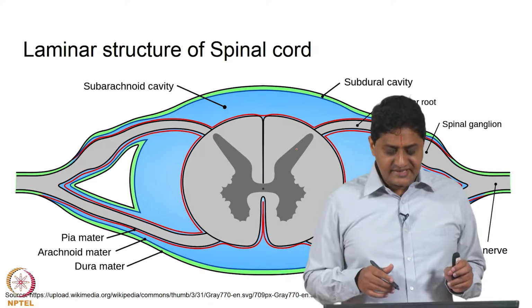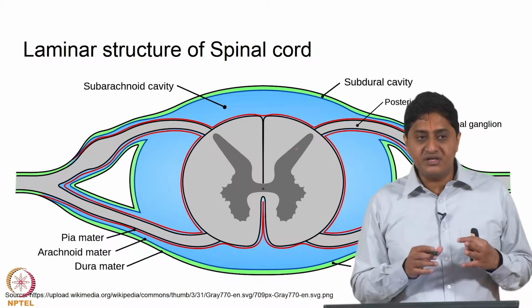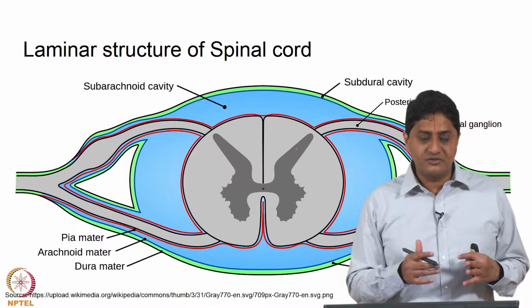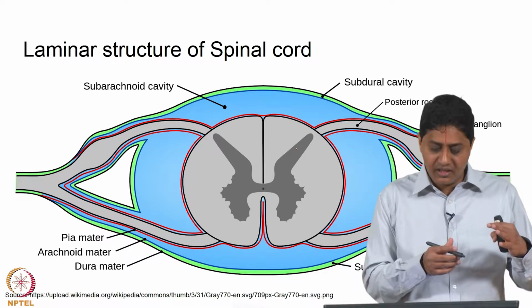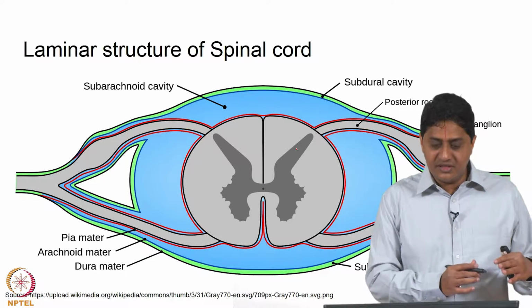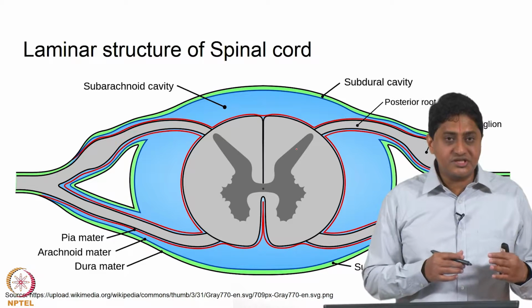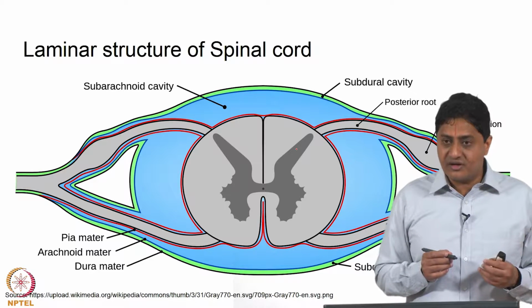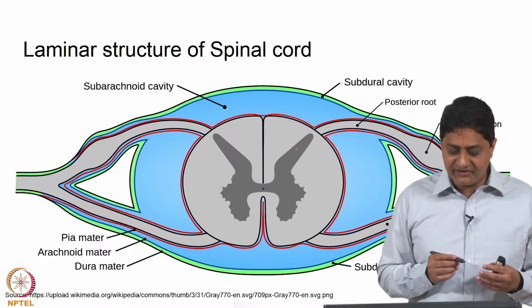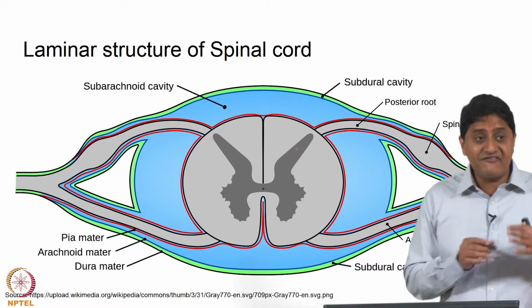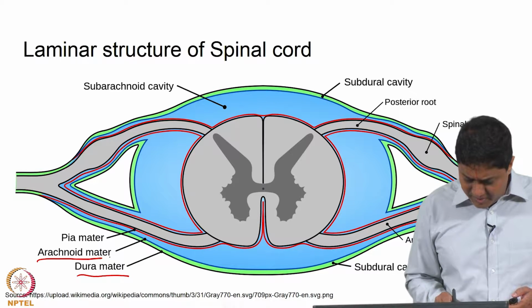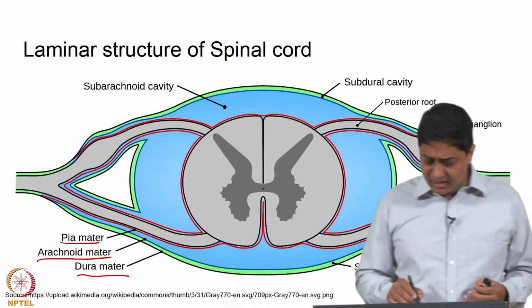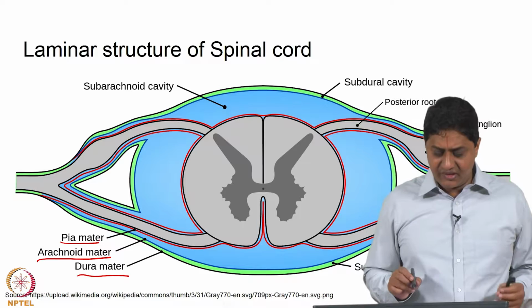So, remember, as I said, this is a continuation of brain structure. The brainstem starts as the precursor to the spinal cord and then descends down. That means this structure is not different from the brain in the sense that there exist several protective layers. There exist the dura mater, arachnoid membrane and pia mater. So, there are several layers of protective membrane.